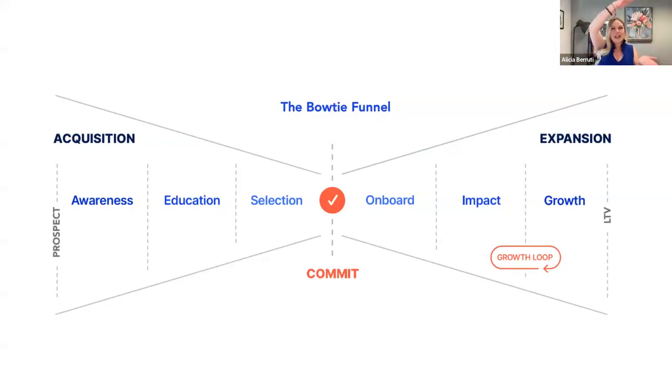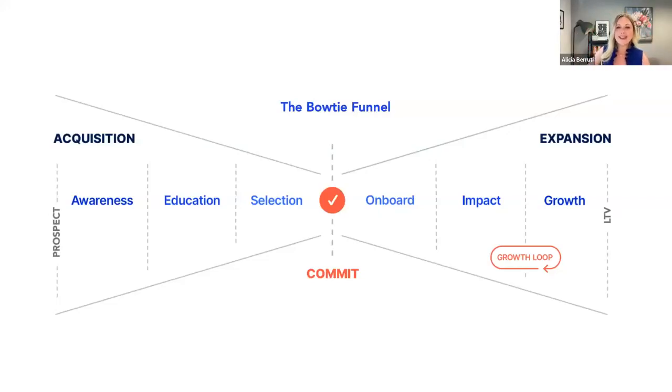It starts where people, with their awareness of you, as you move them through being able to educate them on what value you have, either your product or service, the selection process, and then the long-term life cycle, going back out with an opportunity for them to keep referring people and coming back. Okay. So that's the bow tie funnel. We're going to come back to it, but this is just a way to map the life cycle of a client. Okay. Hope that makes sense to everyone.